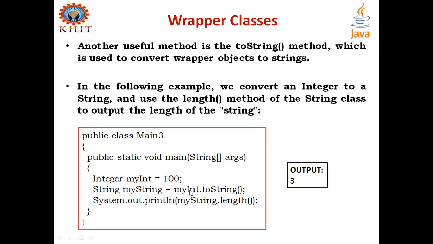It automatically converts the wrapper object value into a string and assigns it to myString. I'm displaying the length of this String object by calling the length function. It is valid: the value initialized to my wrapper object is 100, converted into a string, and the length of the string is 3. That is the output.